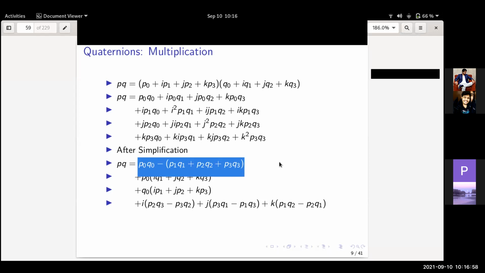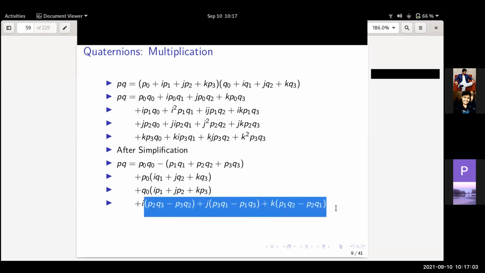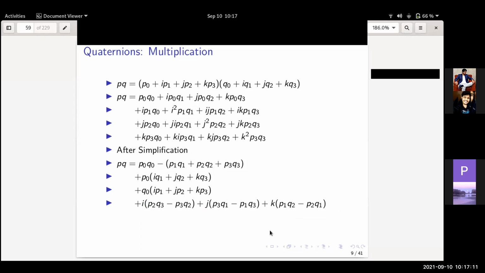Yes. Very good, so that's what we will indicate. And what about this last row? This is a cross product. Excellent. So it is a cross product of the vector part of p with the vector part of q.